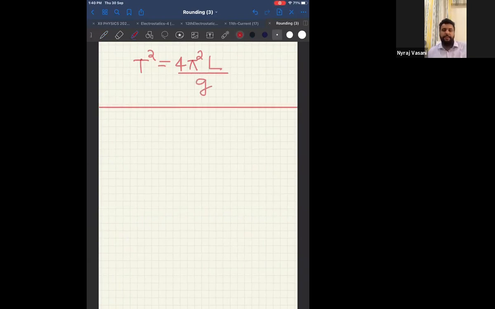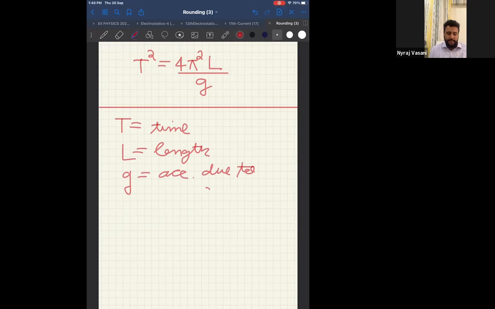Find out whether this equation is dimensionally correct or not. T is equal to time. L is equal to length. And g is equal to acceleration due to gravity. Start. Find out whether this equation is dimensionally correct or not.